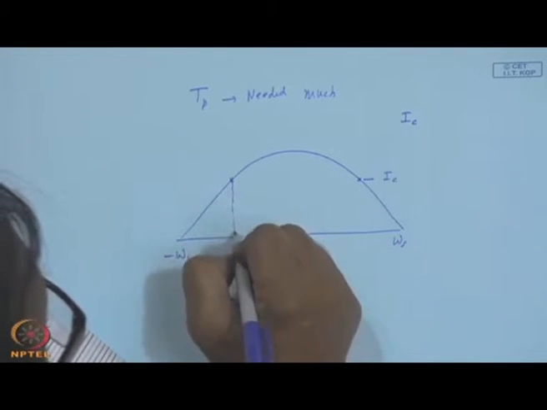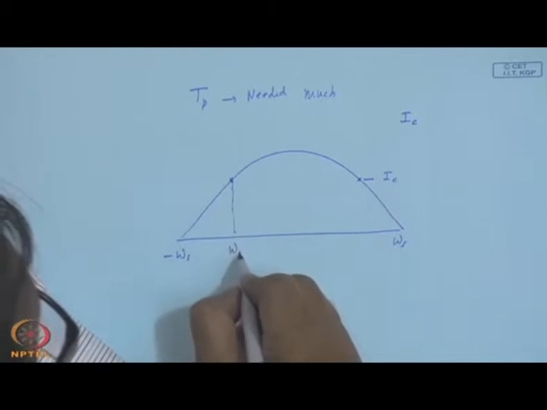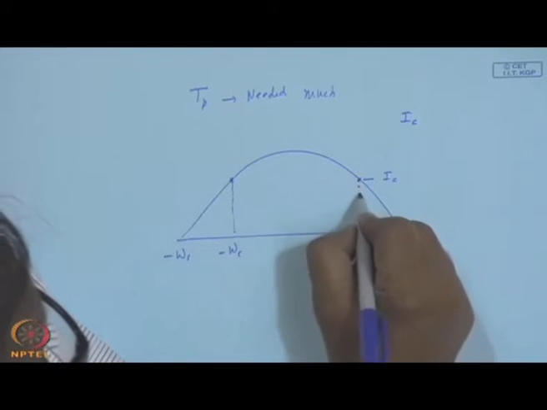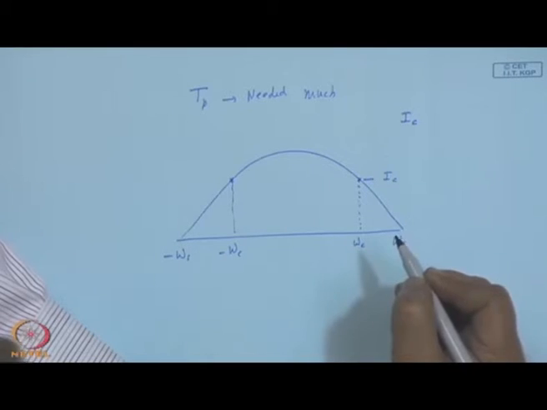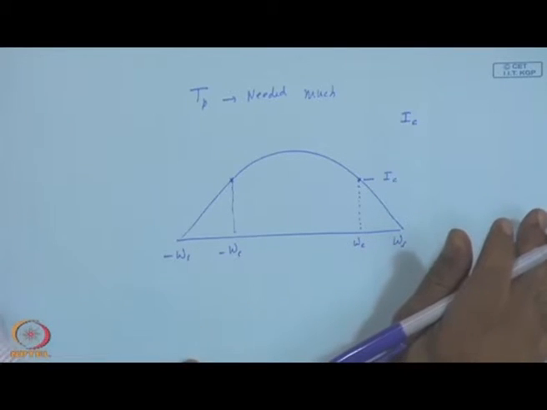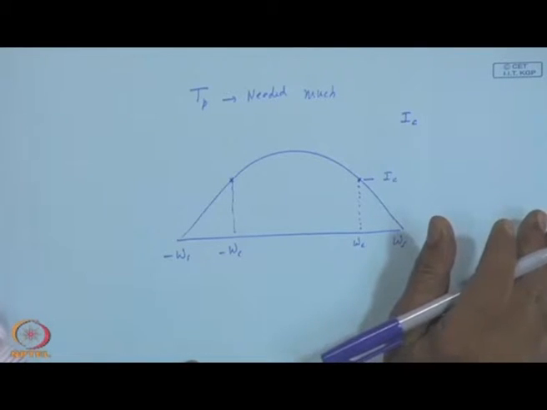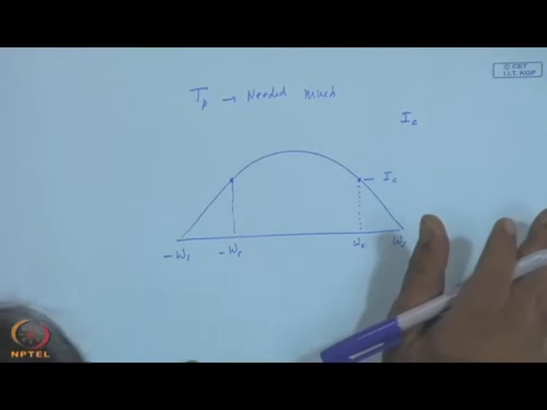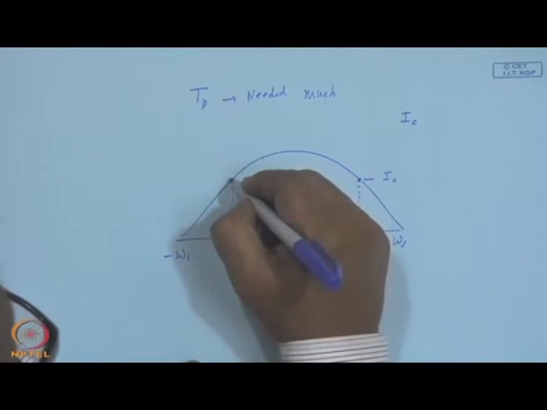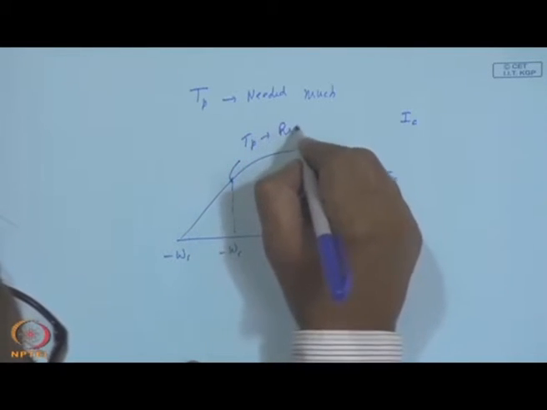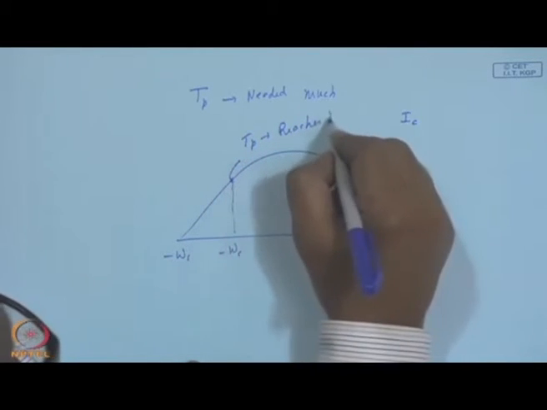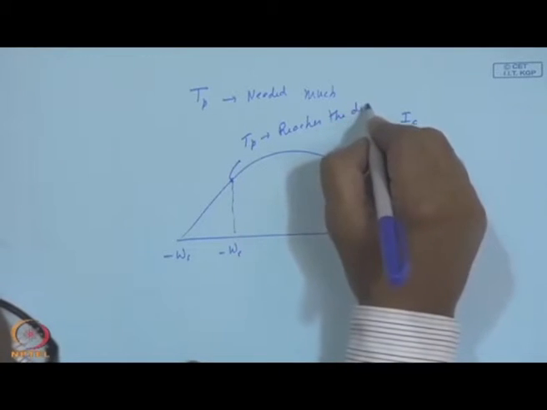Now, over this time period, minus omega c symmetric to plus omega c, my collector can deliver energy at the temperature that is desired, provided that at this particular point or before, T p reaches the desired temperature.